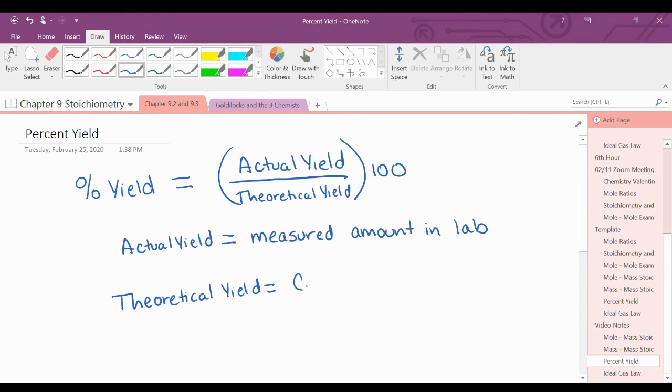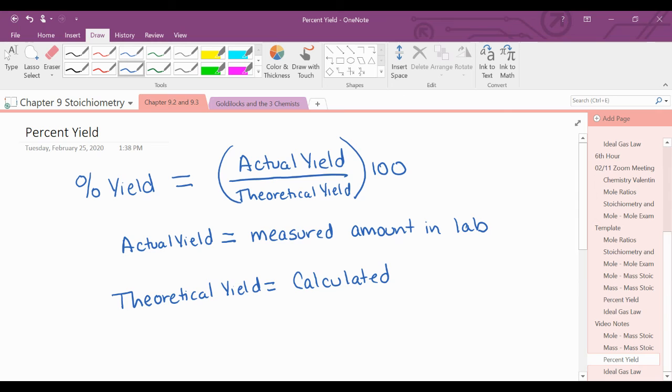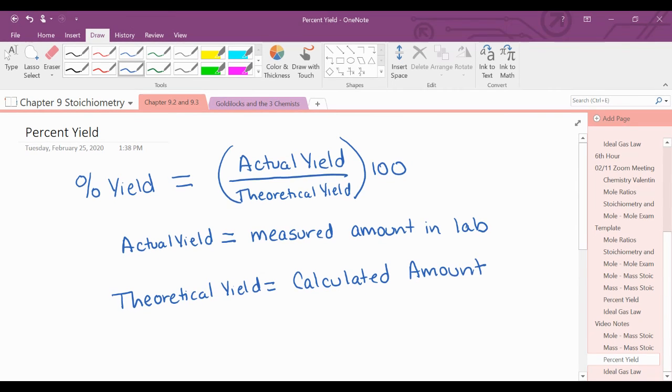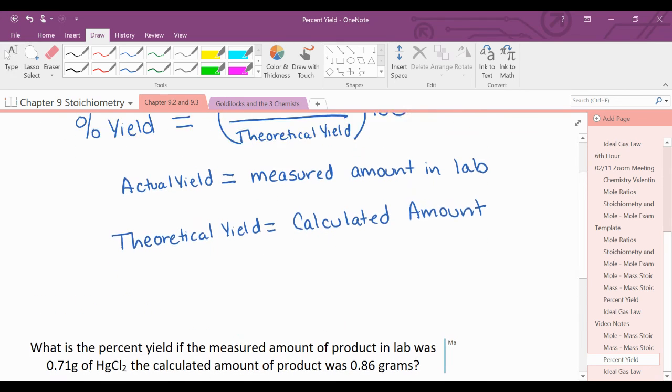All of these calculations that we've been doing are giving us our theoretical yield. And so chemists use percent yield to determine the efficiency of a reaction. In my example with baking cookies, if my theoretical yield is 4 dozen and my actual is 2, I only have a 50% yield. That's not a very good percent yield.